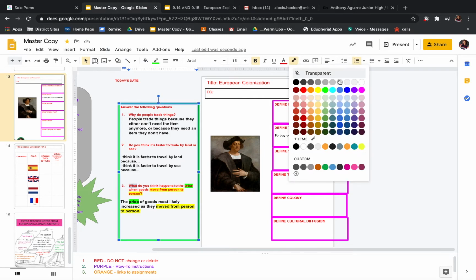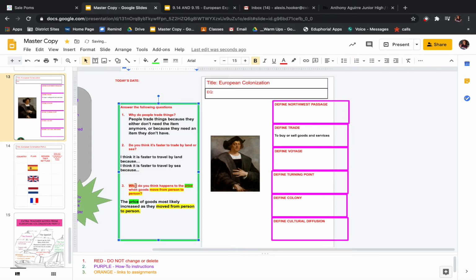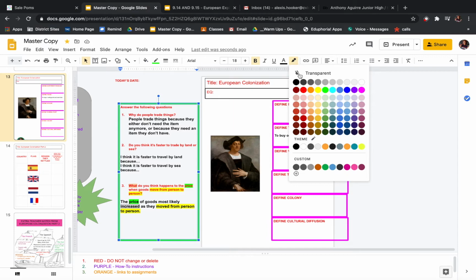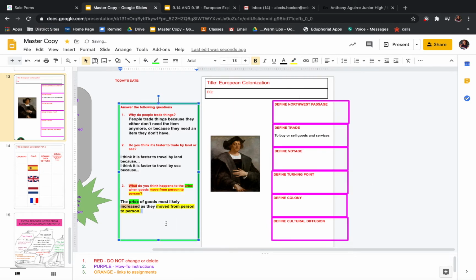When you see what in the question, that is usually the person who made the quiz or whatever, the question wants you to give them a direct answer. What happens to the price when it moves from person to person? Okay, so I have the price, and my specific answer regarding the price is that it increases. And so I'm gonna highlight that.